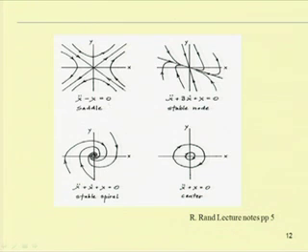This example represents a saddle point; the equilibrium point is x equal to 0. This point x equal to 0 is the equilibrium point, and the flow around this equilibrium point is shown here. So this is a saddle point. The equation is x double dot minus x equal to 0, and one can find the solution.